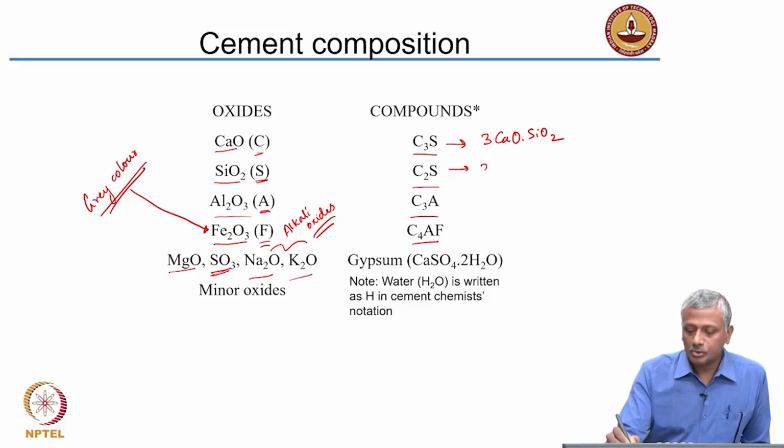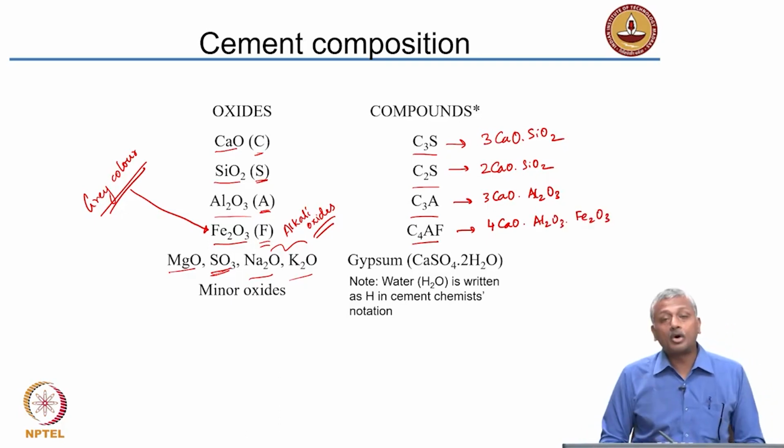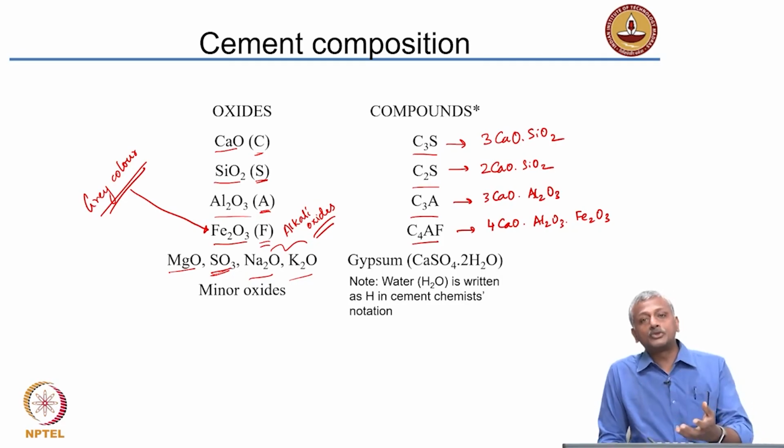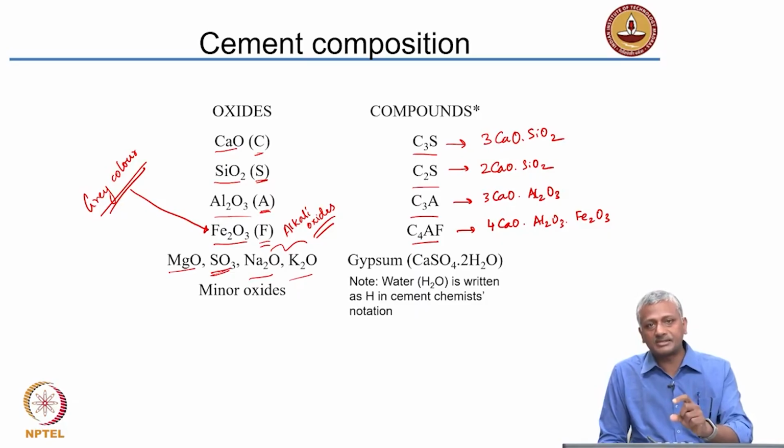C2S is 2 CaO.SiO2. C3A is 3 CaO.Al2O3 and C4AF is 4 CaO.Al2O3.Fe2O3.